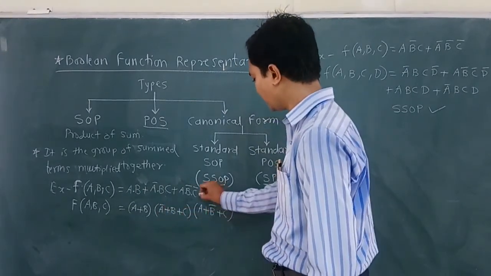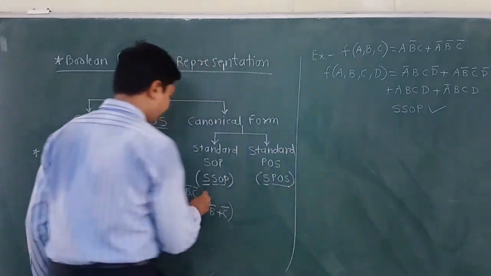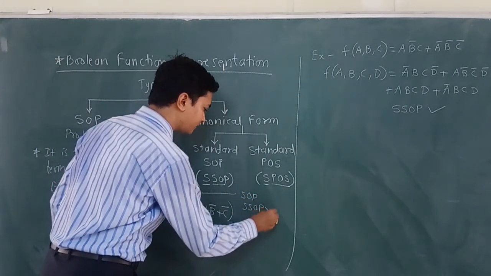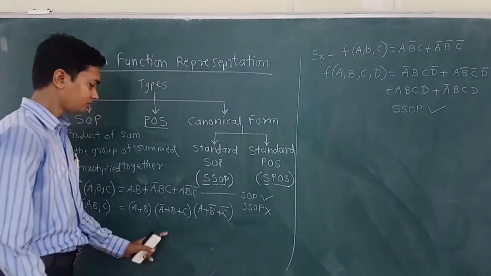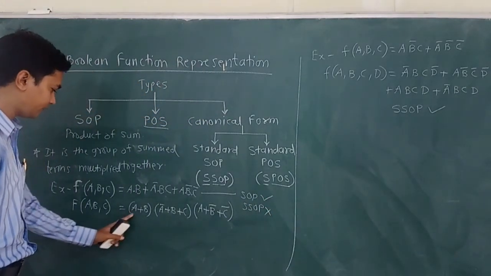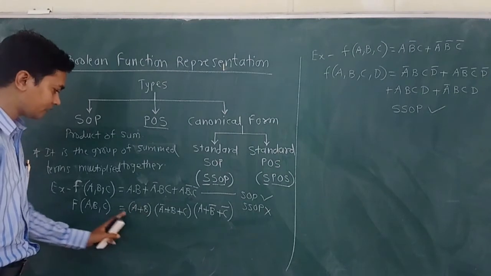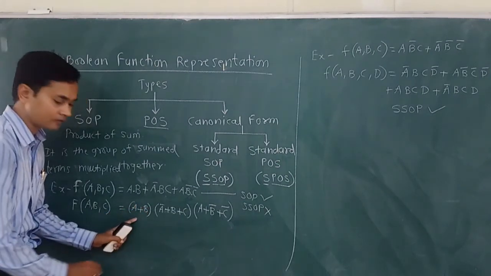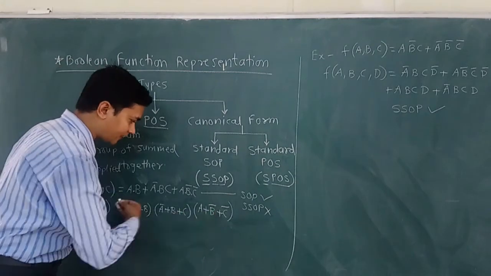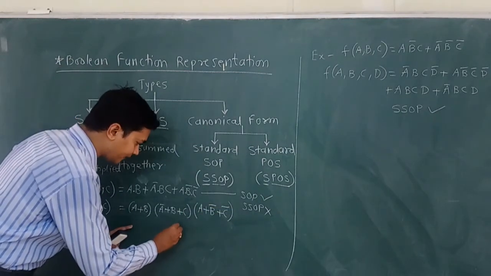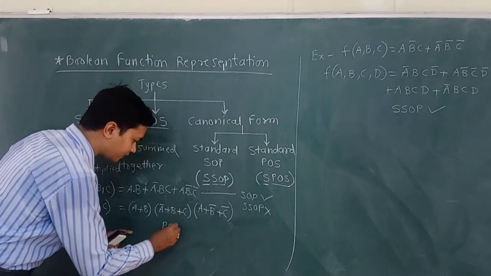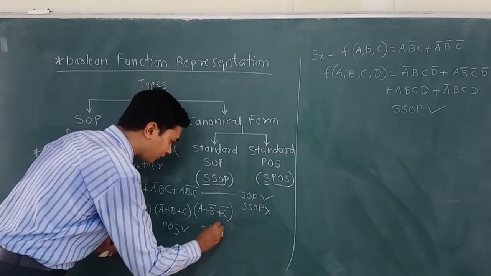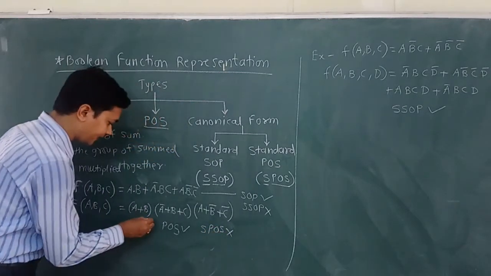This is only SOP, not standard SOP. Likewise, the first summed term here does not have the C variable, so the whole expression is said to be POS, but it cannot be called standard POS form because C is absent in it.